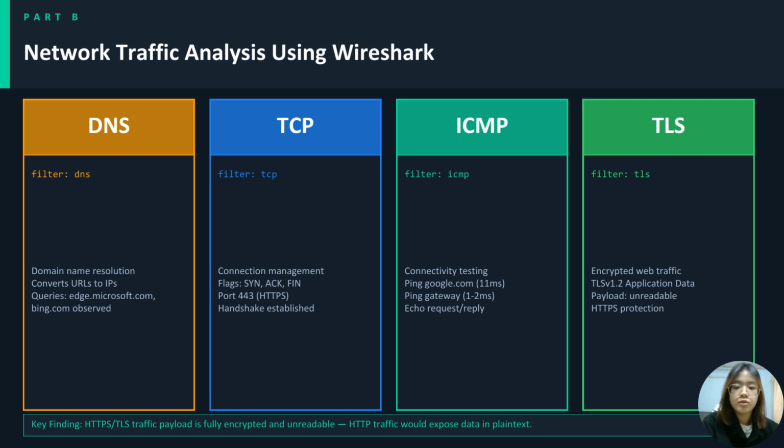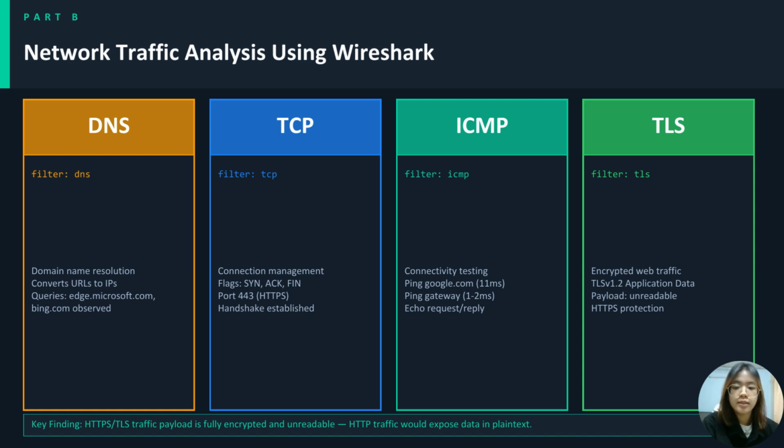Then the next protocols analyzed were TCP and ICMP. TCP provides reliable communication between devices. The capture shows SYN, ACK, and FIN packets, which are part of the connection establishment and termination process. ICMP is mainly used for network diagnostics.